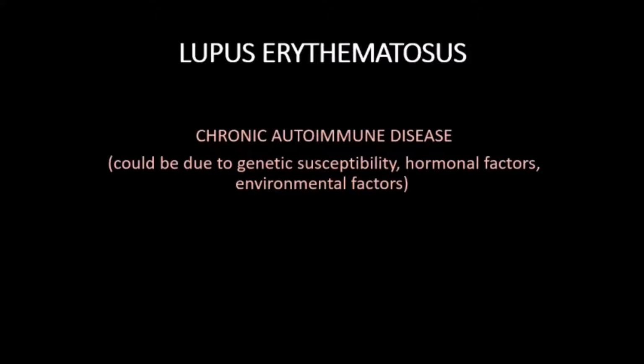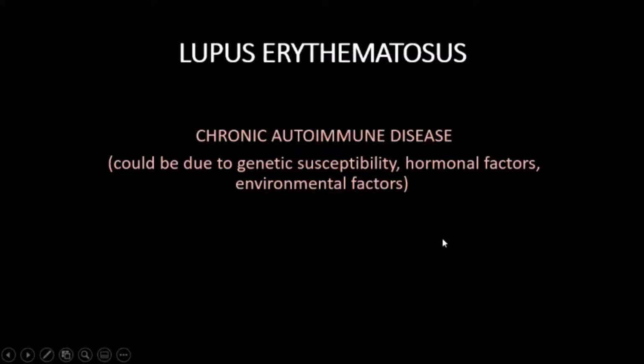In hormonal factors, women are more susceptible because of the hormone estrogen. It is said that estrogen is the responsible hormone for triggering this immune response of lupus in a female's body. For environmental factors, UV light can act as a trigger, or a few drugs, etc.